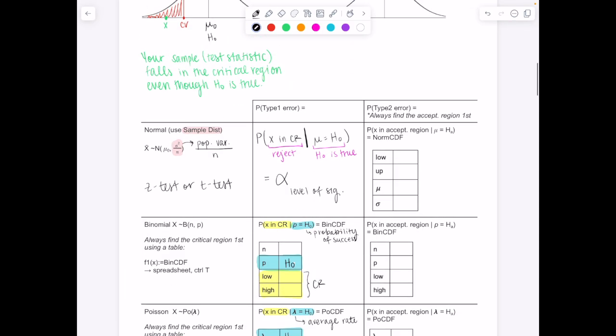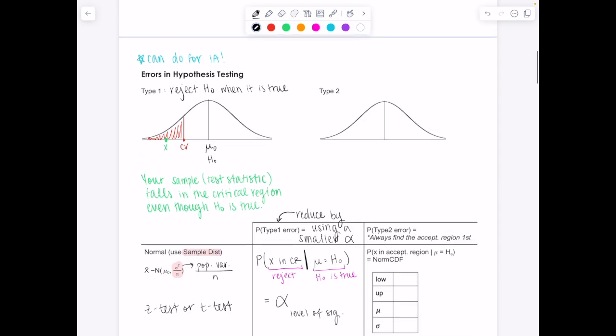If you want to reduce a type 1 error, you use a smaller significance level. A type 2 error is accepting or keeping the null hypothesis when it's actually false. So here is your average. It actually comes from your alternate hypothesis or just something else.